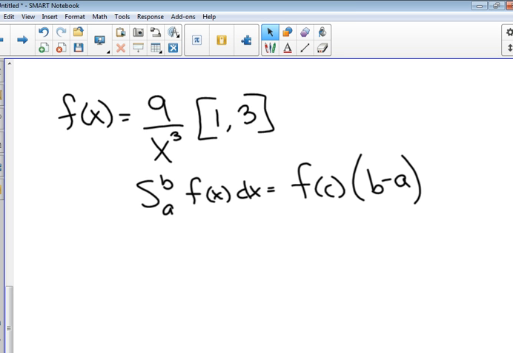Good job. I always forget to do top first and bottom first. Top first. Four. Did you get negative one? So this is going to be negative 4.5, or 2.5, and that's what we're looking for.